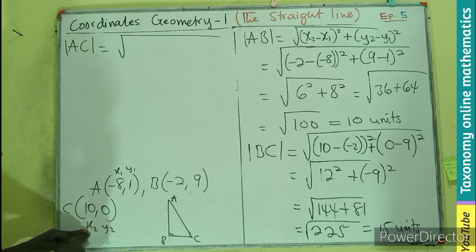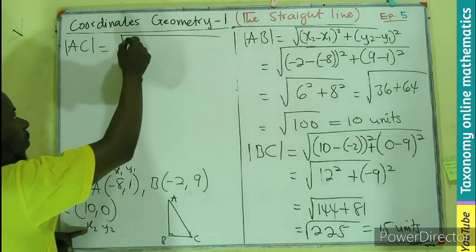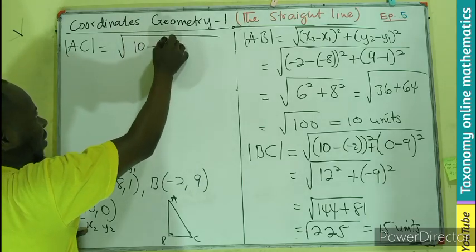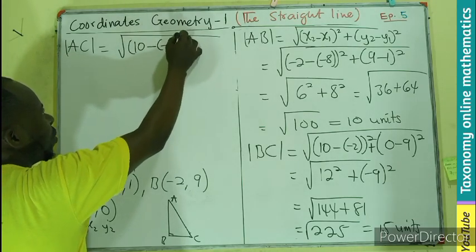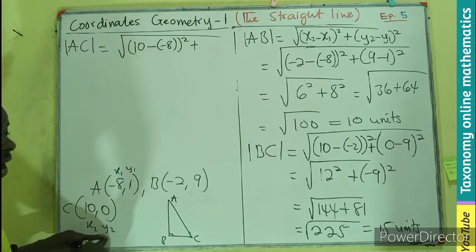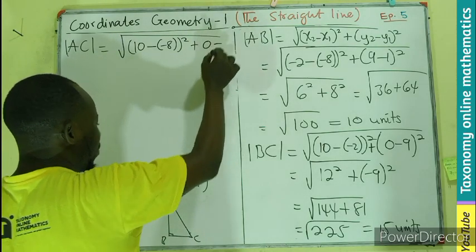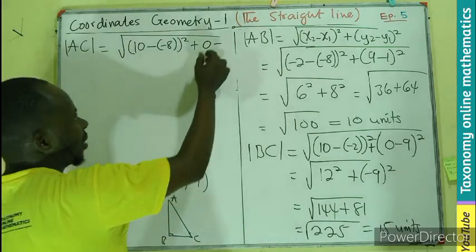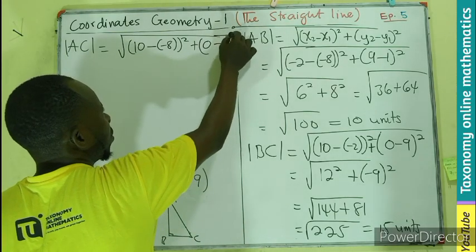So x2 will be 10 minus negative 8, so 10 minus negative 8 all square. This is going to be y2, 0 minus y1, that will be 1 all square.